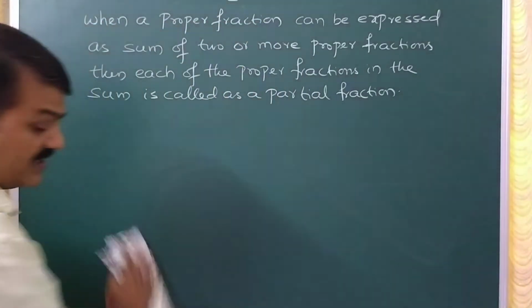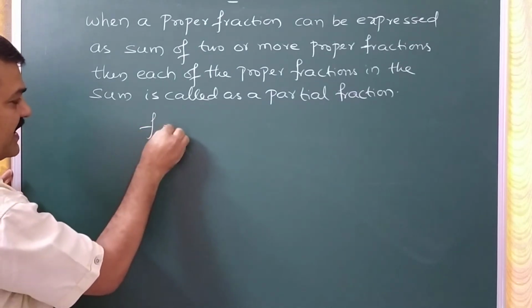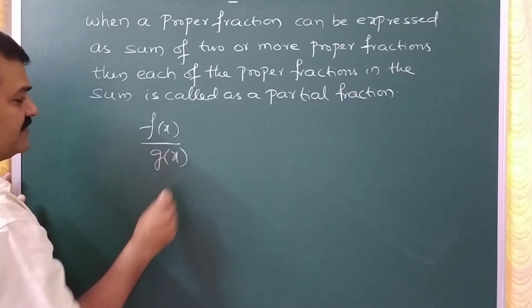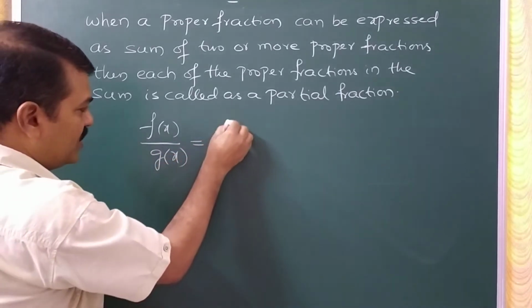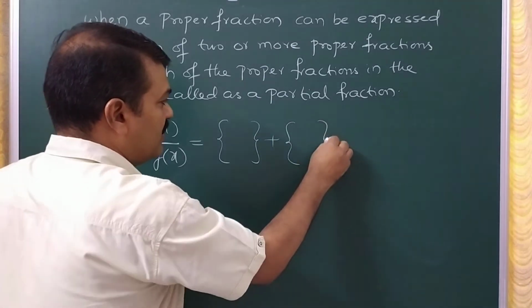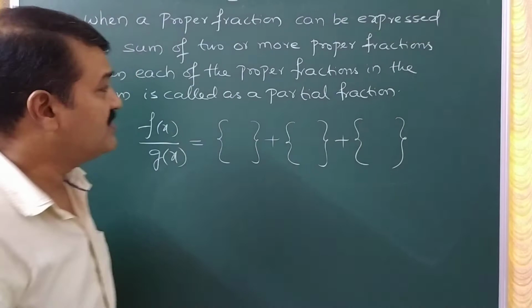Okay. So what is the definition actually? See. So when you take a proper fraction like f of x by g of x, and you express this as a sum of two or more proper fractions like this, that is what the definition says.